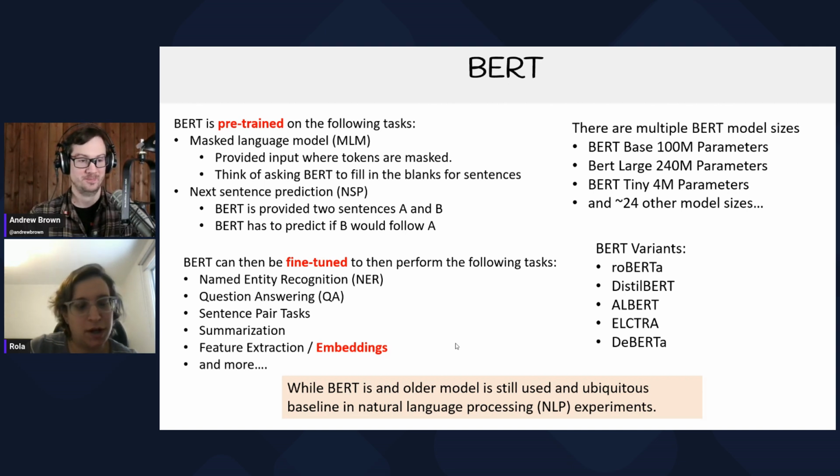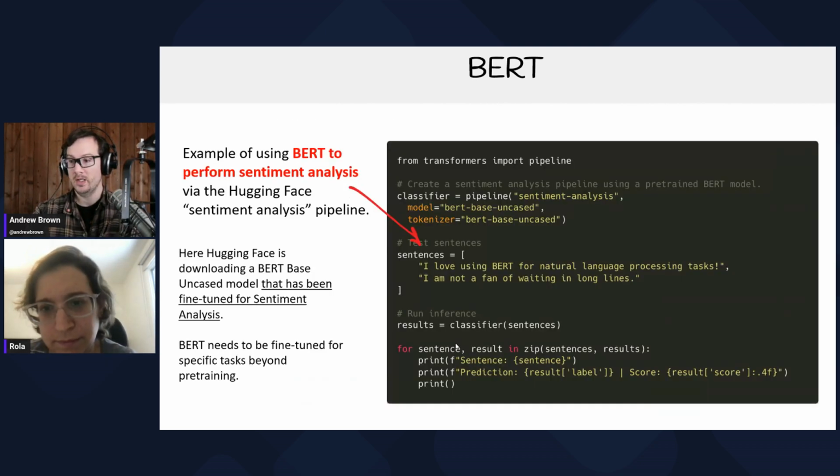I think the biggest thing in my mind, like we said, is that it is an encoder-only model. So it's great when you have text that you want to do a very specific task on, where you want to reach a particular conclusion. That's where these encoder-only models come in. Here I have an example of BERT using sentiment analysis.